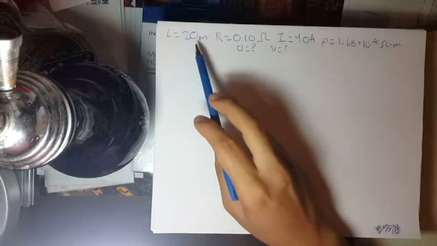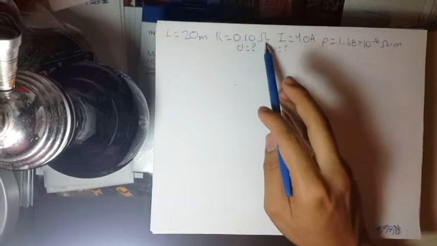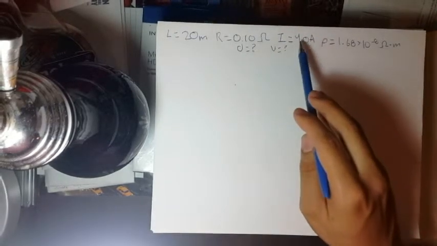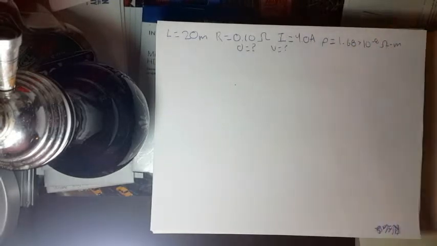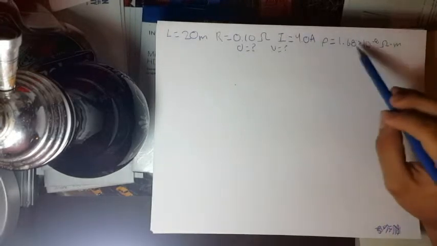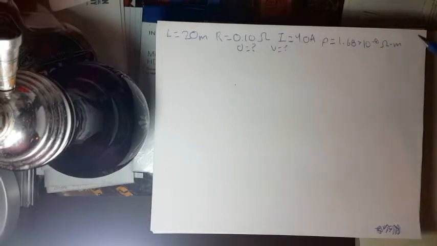So here are all the values that are given. The length of the wire is 20 meters. The resistance can be no more than 0.10 ohms. The current flow is 4.0 amperes, and then you might be wondering what this is. This is the resistivity of the copper wire, as shown in the table that we discussed previously.